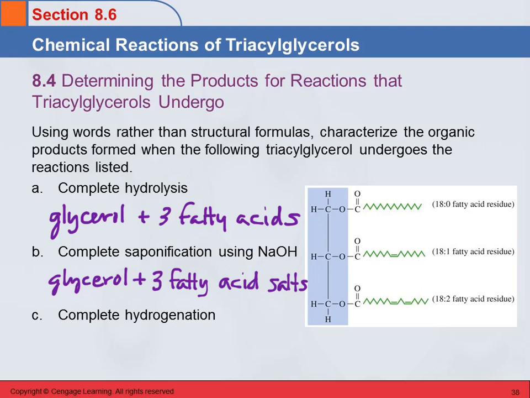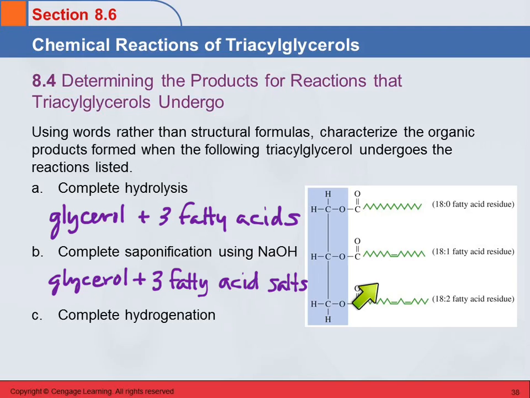What if we get complete hydrogenation? What does hydrogenation do? It's going to get rid of these double bonds. Complete hydrogenation means they all go away. So then what's left? A saturated fatty acid, right?